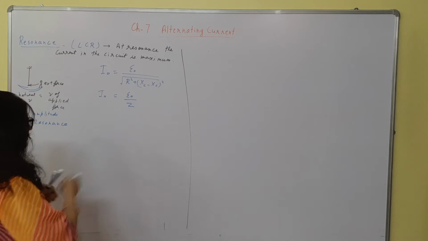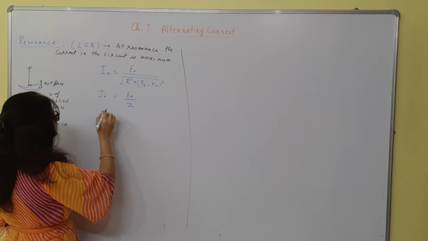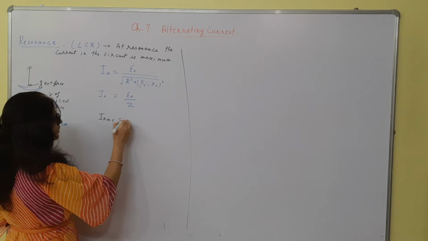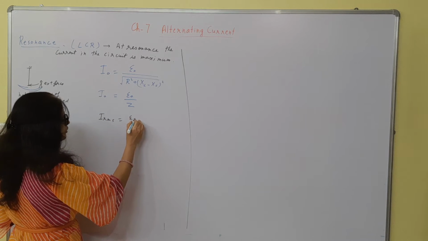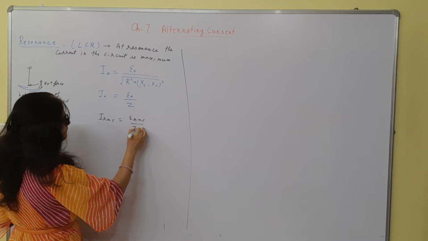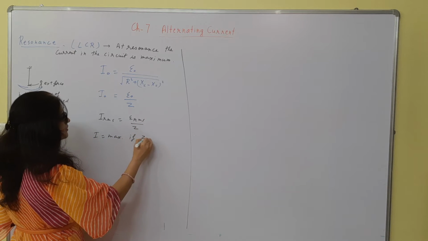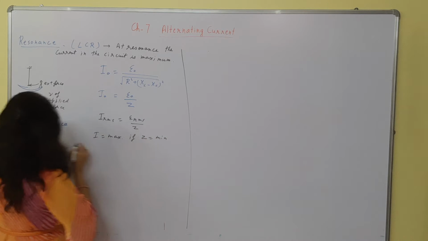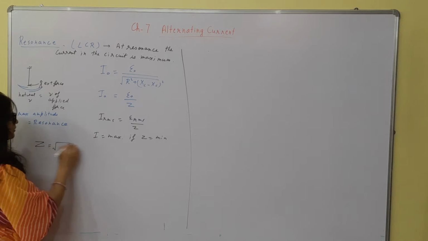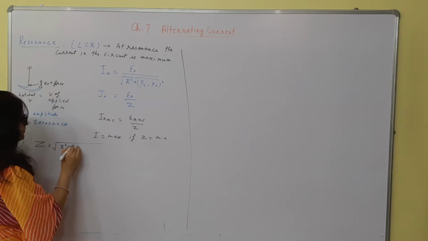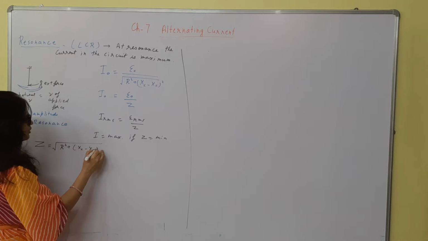So the current will be maximum. This can also be written like this. So I is maximum if Z is minimum. Now what is the formula for Z? Z is under root of R square plus (XL minus XC) whole square.